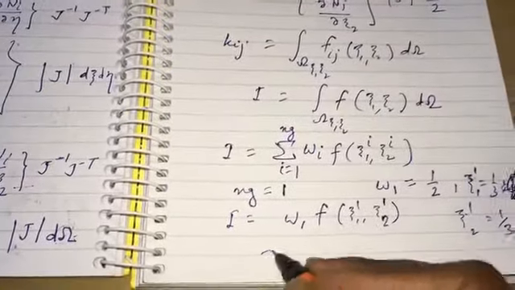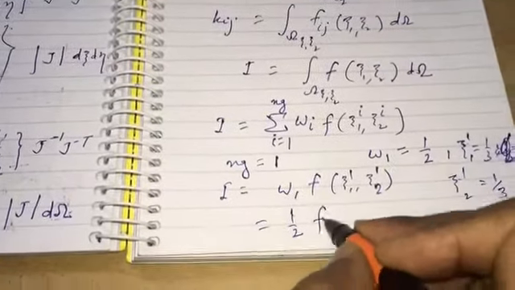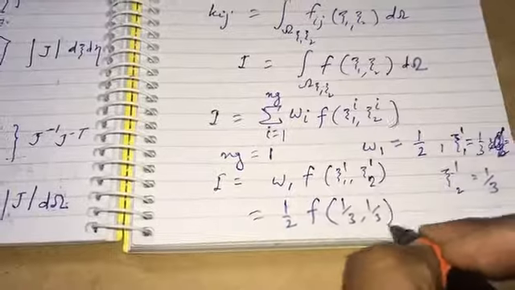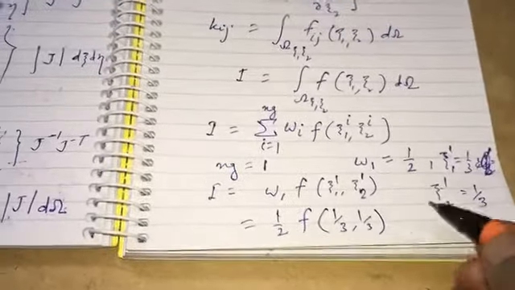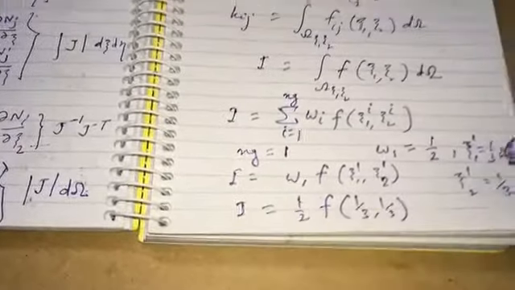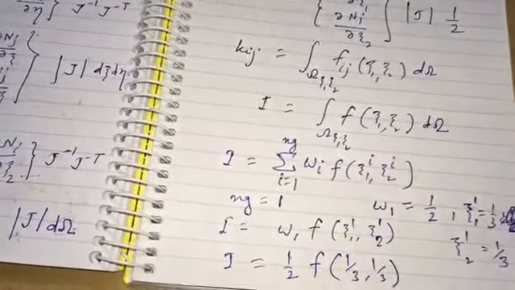Hence in this case we simply get half multiplied by the function at (1/3, 1/3) in the ξ1 ξ2 coordinate system, and we get the whole integration.